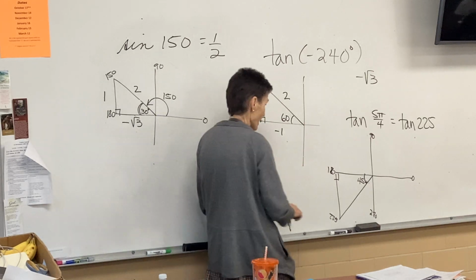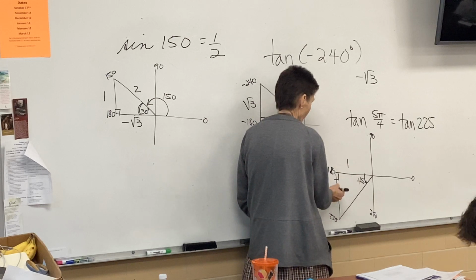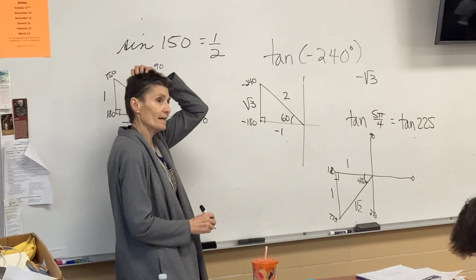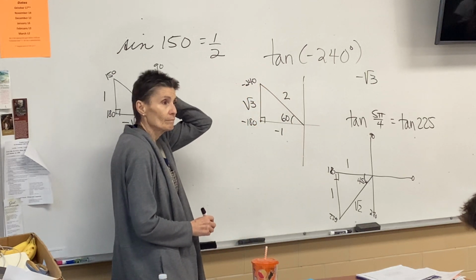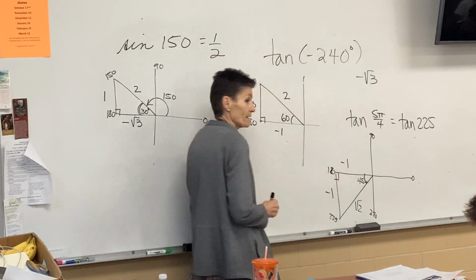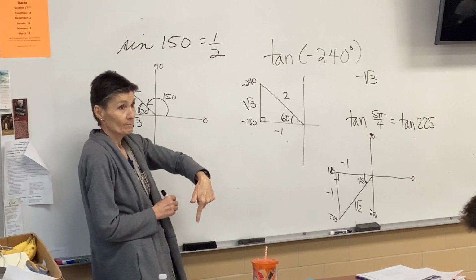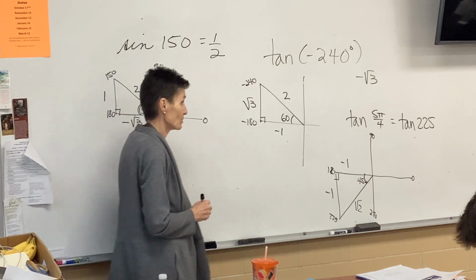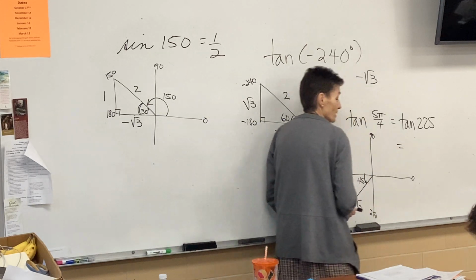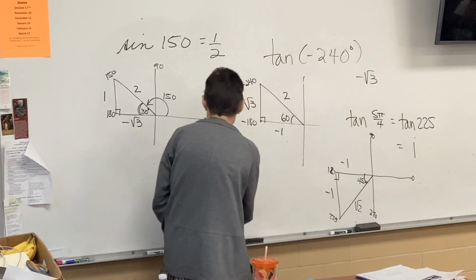All right, what are the sides? That's a 45, 45, 90 triangle, so the sides are 1, 1, root 2. Anything negative? Negative ones. Both of the ones are negative. Kids, you're sitting in quadrant 3. Negative, negative. What's the tangent? Tangent is opposite over adjacent, so the tangent is 1. Negative over negative.